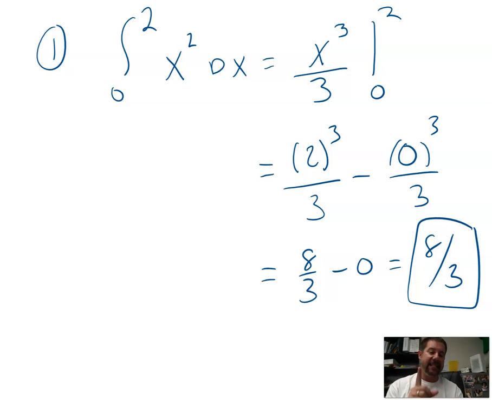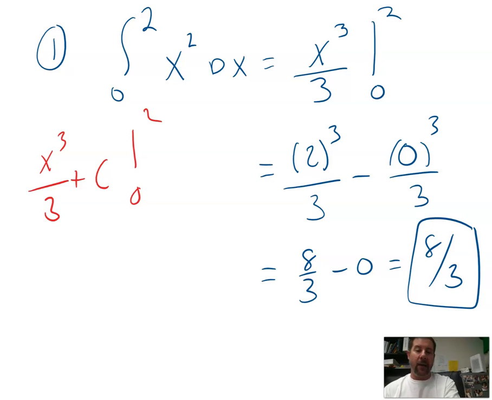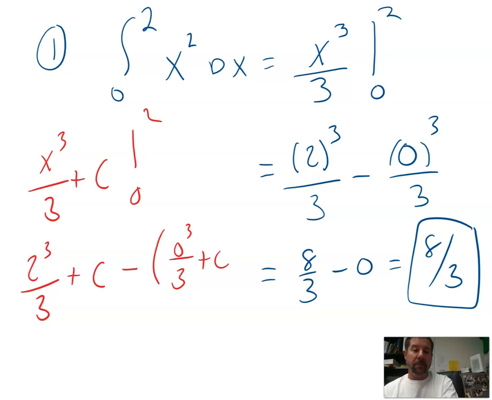And I can say, yes, that is true on an indefinite integral, but you do not need it on a definite integral. If I put the plus c in here, and I had my x cubed over 3 plus c evaluated from 0 to 2, when I go to plug in, I would get 2 cubed over 3 plus c minus 0 cubed over 3 plus c.